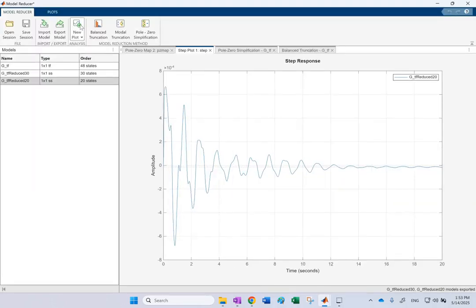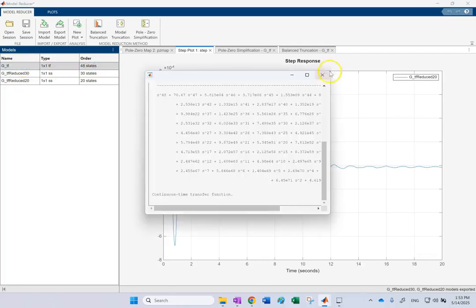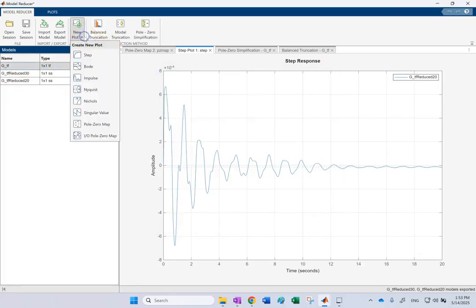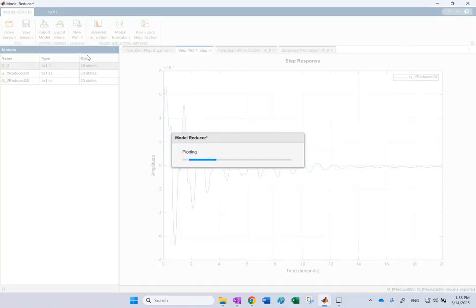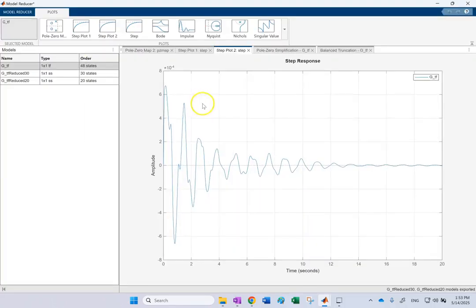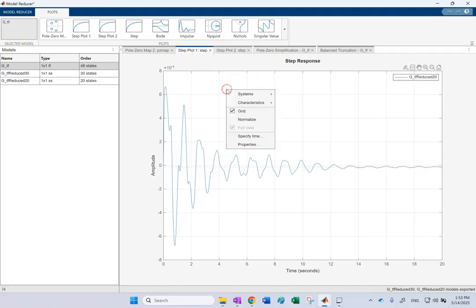Okay, so here is the step plot of the system with 20 states. So this is the one with 20 states. This is the one with 48 states. Look at them. They are identical, right? Almost identical.